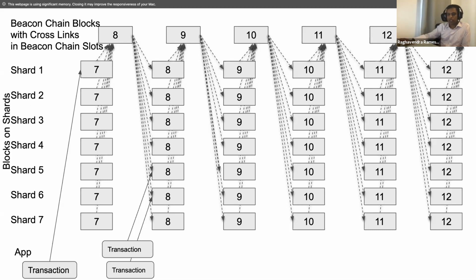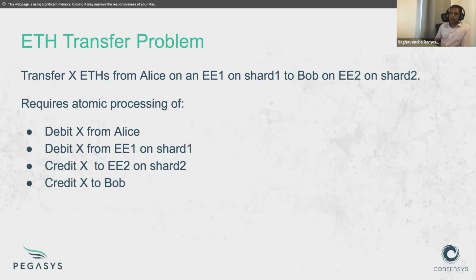And that's how the communication happens. So this is an important part of cross-shard communication. I hope it's clear. With this background, let's delve into what exactly the problem is.